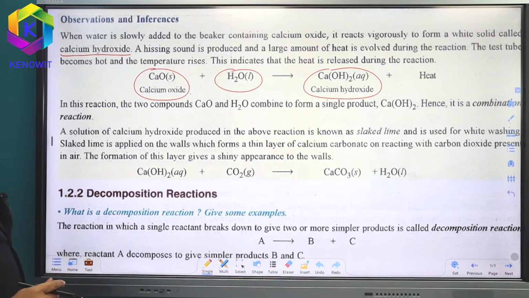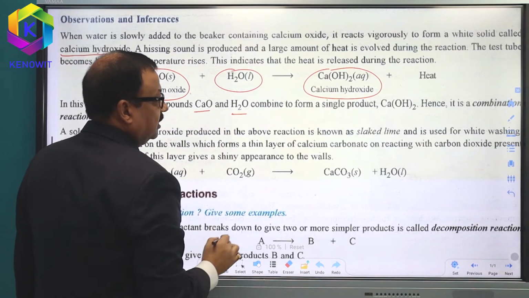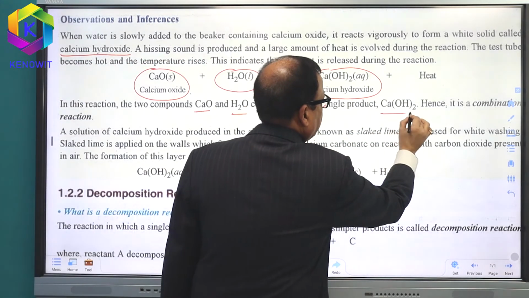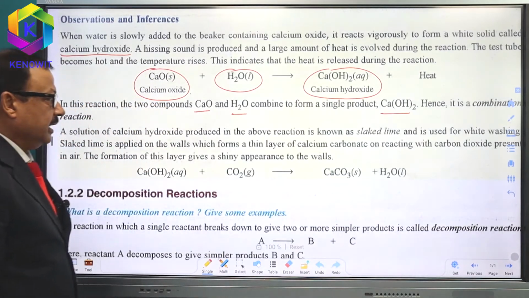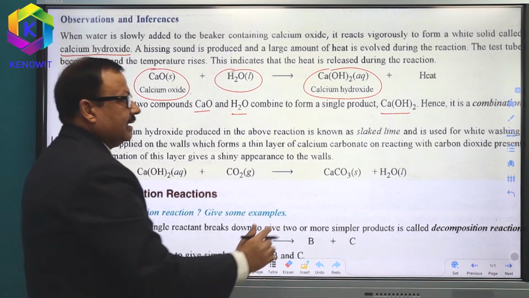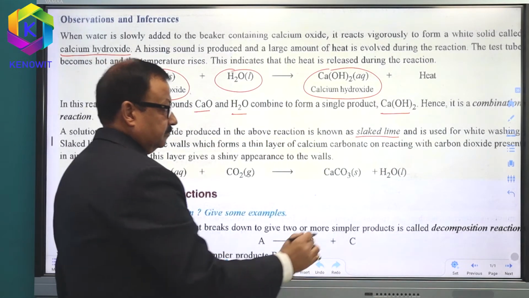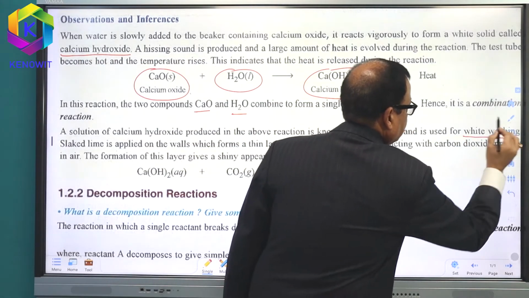In this reaction, the two compounds, calcium oxide and water, combine to form a single product, calcium hydroxide. A solution of calcium hydroxide produced in the above reaction is known as slaked lime and is used for whitewashing.